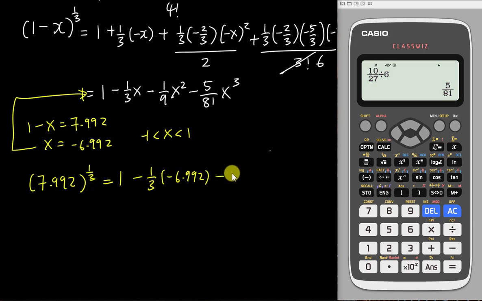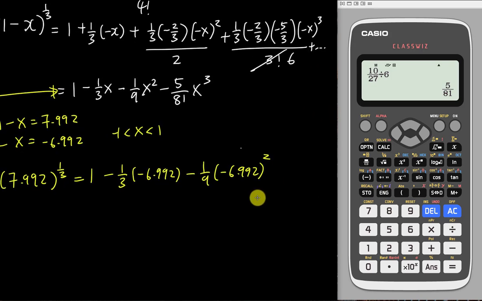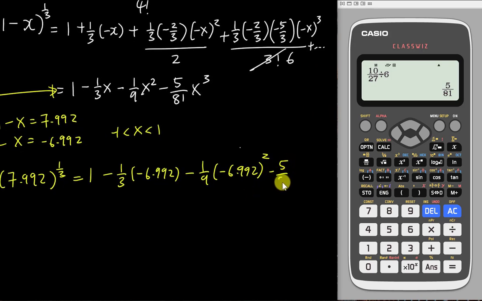So 1 minus 1 over 3 of negative 6.992, minus 1 over 9 of negative 6.992 squared, and then minus again 5 over 81 of negative 6.992 to the power of 3. Then I type in the calculator. I'm not sure why they want us to do this wrong answer. Negative becomes positive, right?